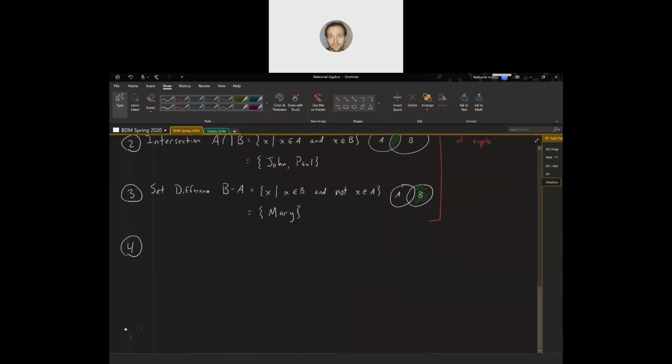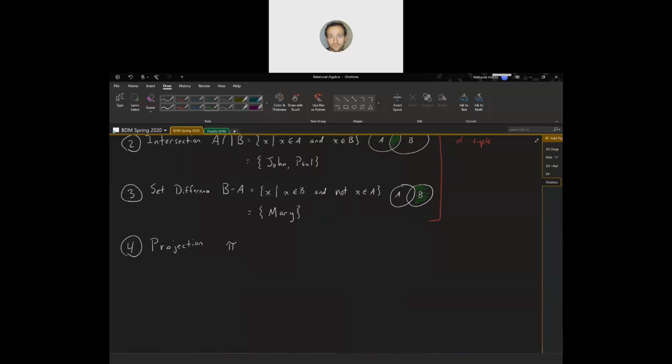So a different kind of operation is the projection. Here, the projection is written with pi, because that's the letter P in Greek. So projection pi.